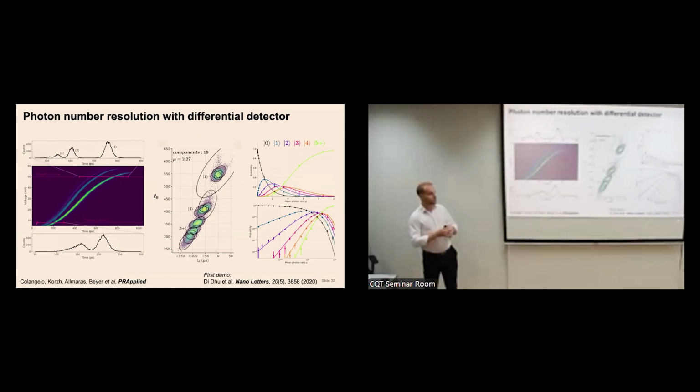And if you wanted more photon resolution later on, you'd want to start making arrays of these. But it does work very well. So a lot of people are excited about this. Some of the challenges now are to combine this with ultra high efficiency. At the moment, this is only 80, 85%. We really need to get it to 95, 98% to make it interesting for quantum optics.